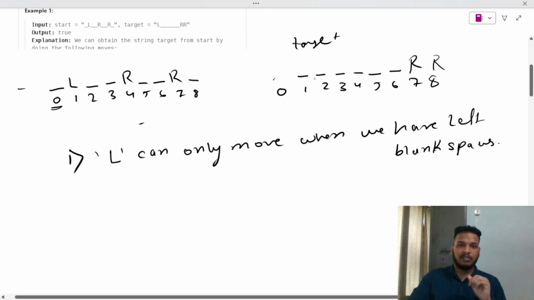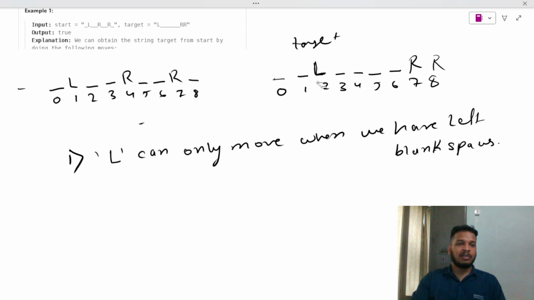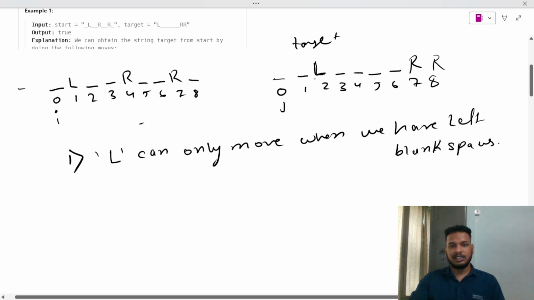Instead of my target, let's suppose the L is right over here. Now I will be over here in my starting string, and I put this as j.